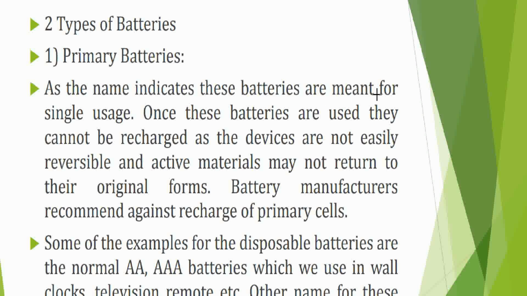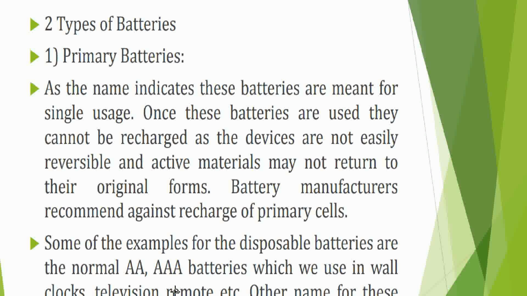As the name indicates, primary batteries are meant for single usage. Once these batteries are used, they cannot be recharged, as the reactions are not easily reversible and active materials may not return to their original forms.